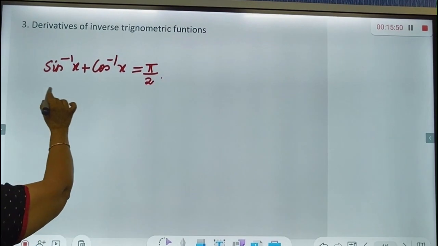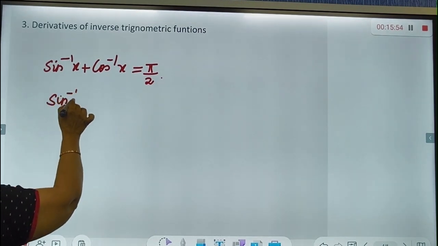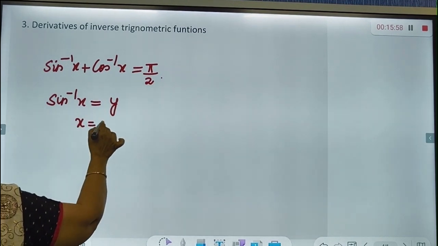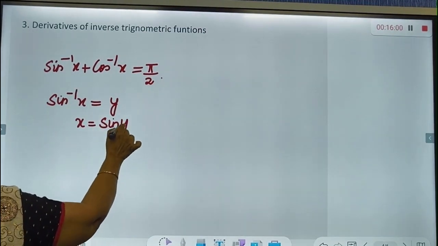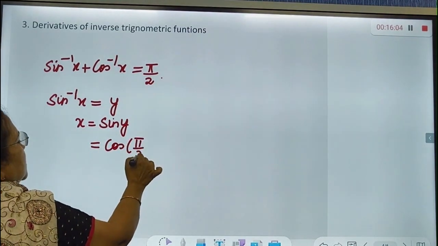Okay, now how do you prove this? If I take sin inverse x as y, then I know x is sin y. Sin y can be written as cos of pi by 2 minus y.